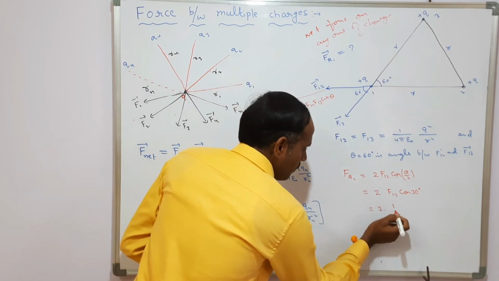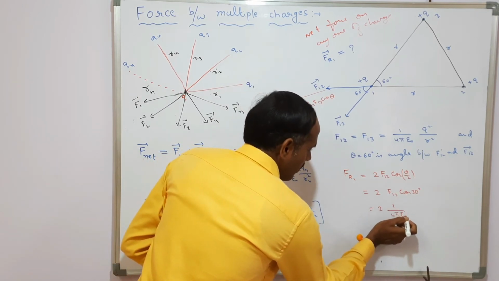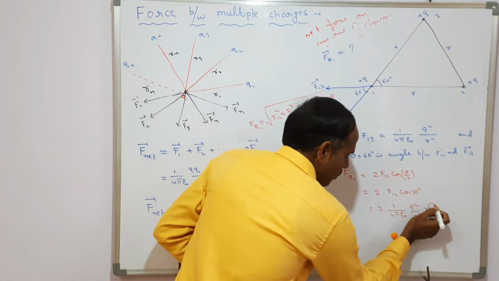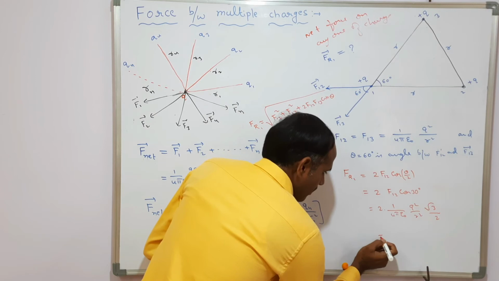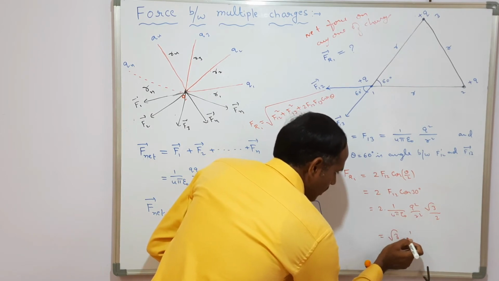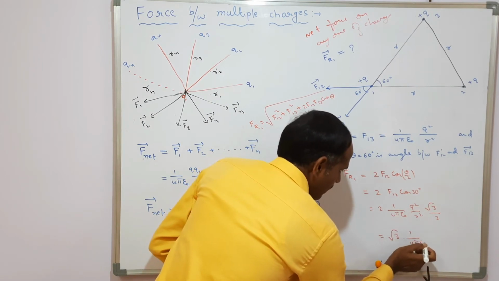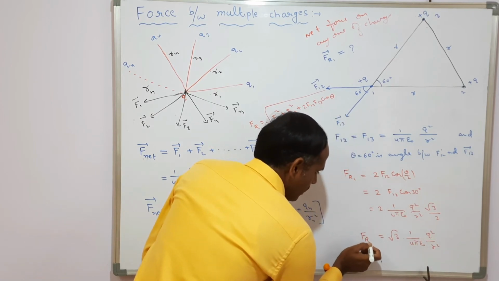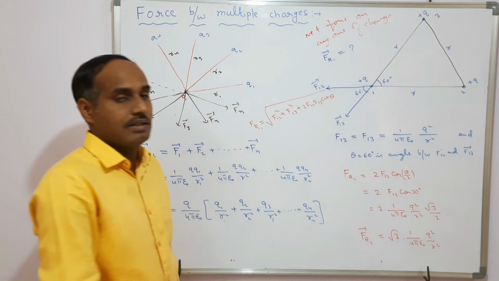So 2 into 1 by 4 pi epsilon, q square by r square. Cos 30 is root 3 by 2. So we can write root 3 times 1 by 4 pi epsilon q square by r square is the resultant force on first due to second and third.